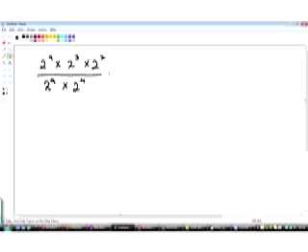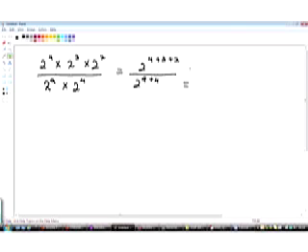Now, an easy way to do this, seeing that all of them have the same base, which is the 2, is that we can group all on top and group all at the bottom. So we could say this could be equal to 2 to the 4 plus 3 plus 2 over 2 to the 9 plus 4. Nothing's wrong with that.